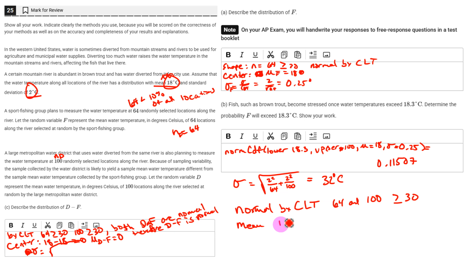The mean is 18 minus 18, 0 degrees Celsius. And the standard deviation we get up there is 0.32 degrees Celsius. There you go. There is all of Chapter 7.